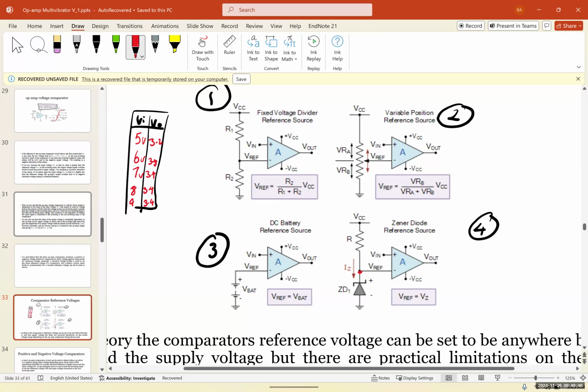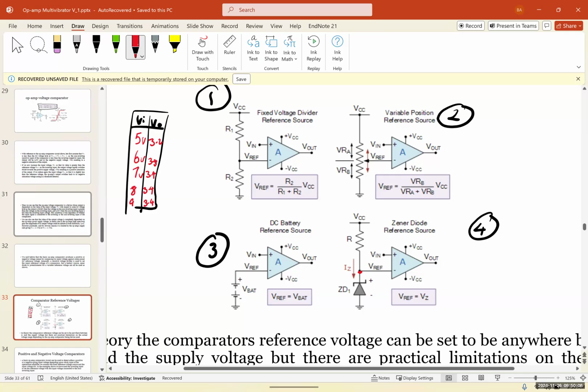Most of the time, these op amps are used with a battery. The example would be the dusk to dawn, like the solar lights, have you seen these solar lights they put around the houses, especially at Christmas, you will see a lot of those. And those have a battery.